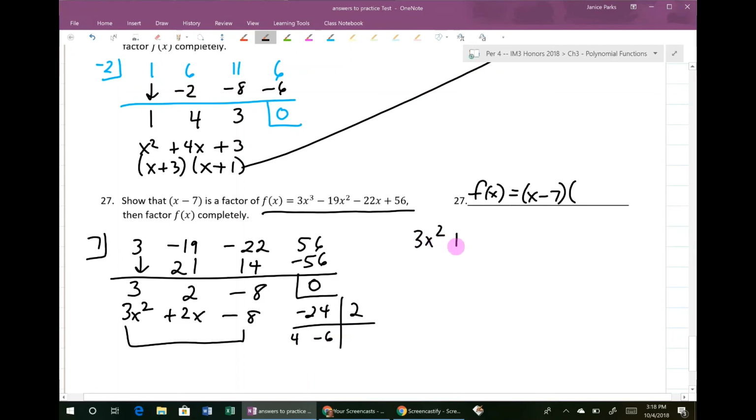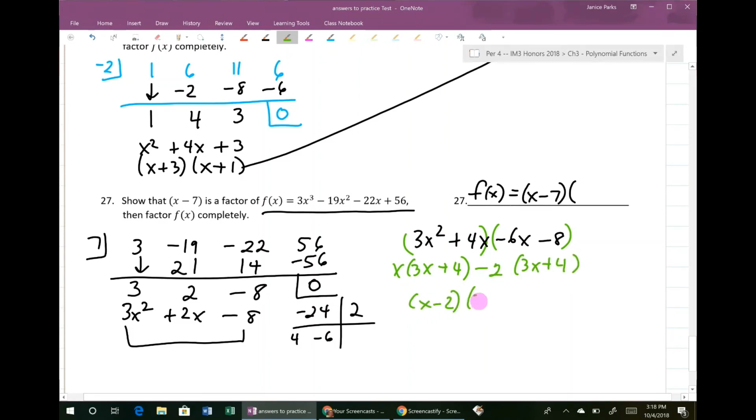So 3x squared plus 4x minus 6x. I'm using grouping. Again, you can use the box method if you'd rather. So x minus 2, 3x plus 4.